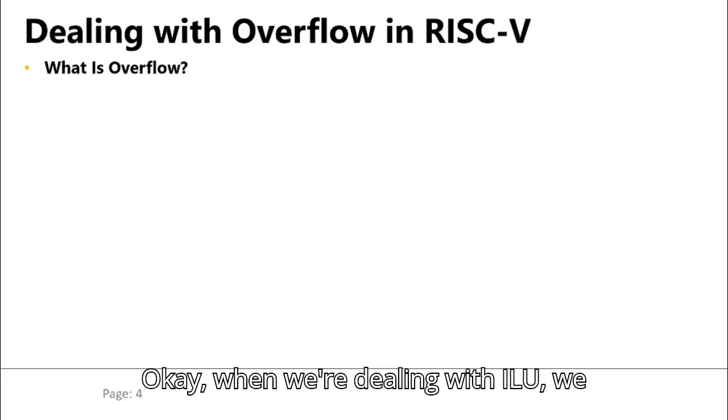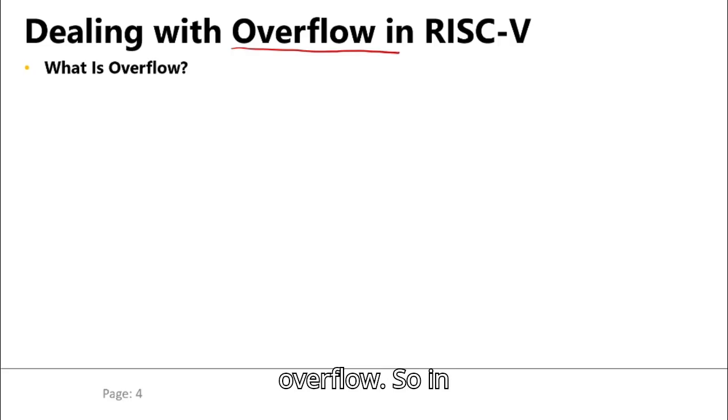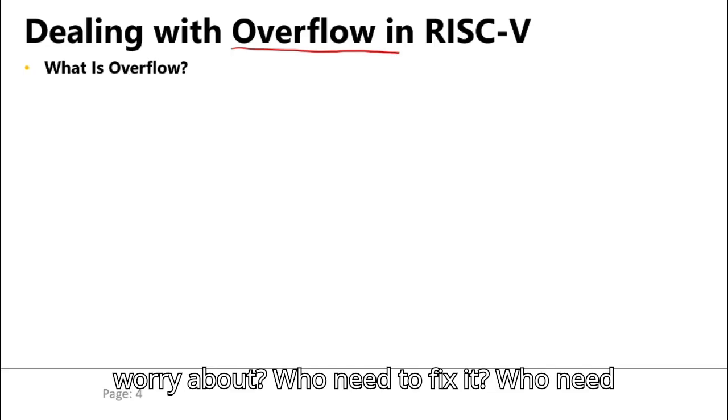Okay, when we're dealing with the ALU, we always need to worry about one thing: overflow. So in RISC-V, the structure that exists, there is no mechanism to find overflow. The father of this processor, that was MIPS, actually, MIPS had some mechanism inside the ALU to detect overflow, but this doesn't have. So who needs to worry about it? Who needs to fix it?